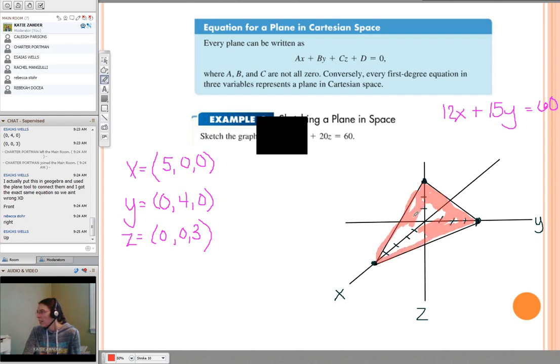So instead of having just a line, we do have a plane as our graph in the three-dimensional system. Okay, and Isaias, you can confirm in GeoGebra that's kind of what it looked like. Maybe there are more colors involved or whatnot, but the intersection of that kind of looks like that triangular piece.